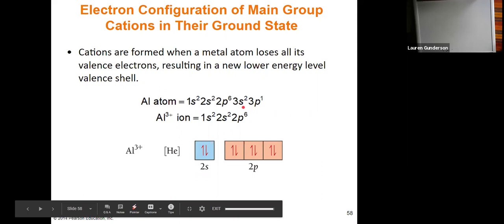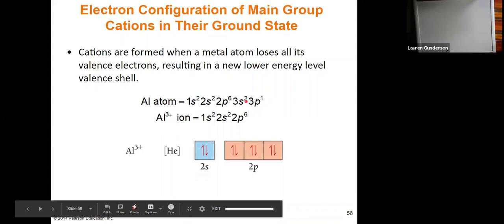So our highest principal energy level first. In this case, our highest principal energy level is 3. So we're going to remove our electrons from the n equals 3 level first. And we're going to start in the highest of the n equals 3 levels, which is 3p. So we're going to remove the electron from 3p.